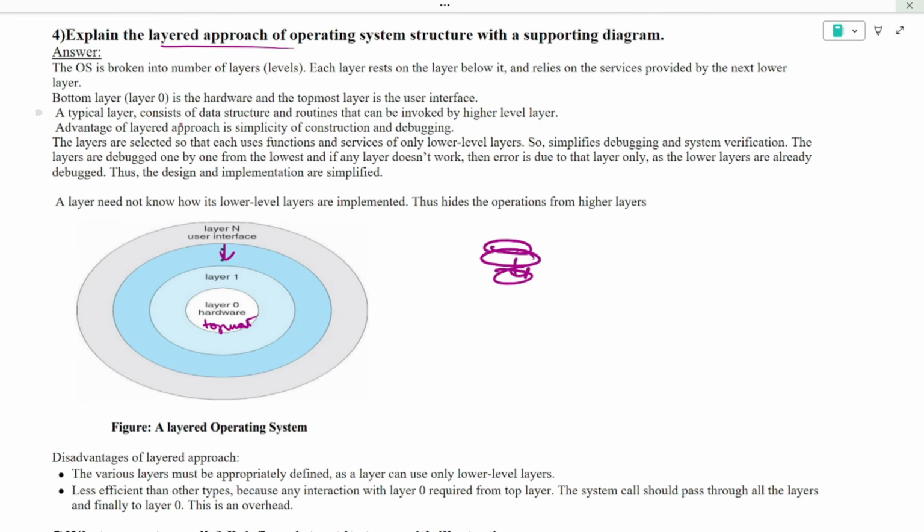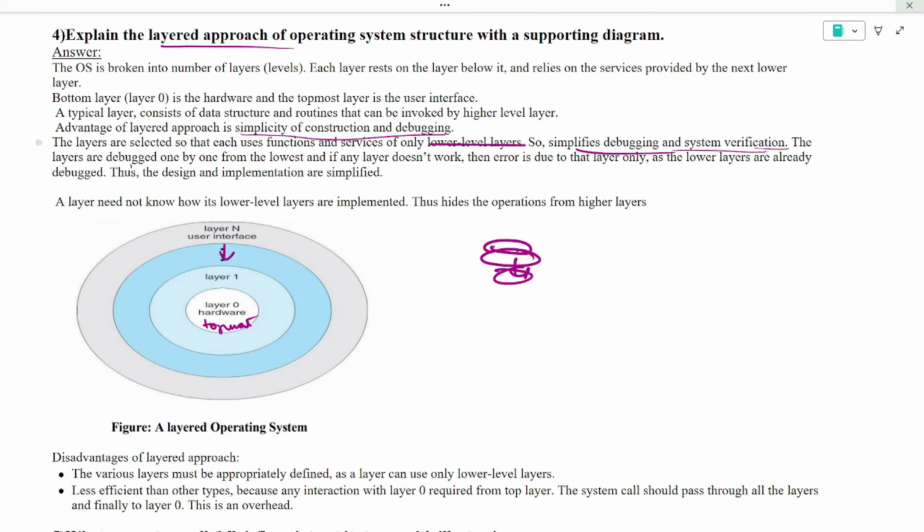A typical layer consists of data structures and routines that can be invoked by higher level layers. And what are the advantages? It is simplicity of construction and debugging also. These layers are selected so that each function and service uses only lower level layers. It will simplify debugging and system verification, when you have to verify some of the systems.